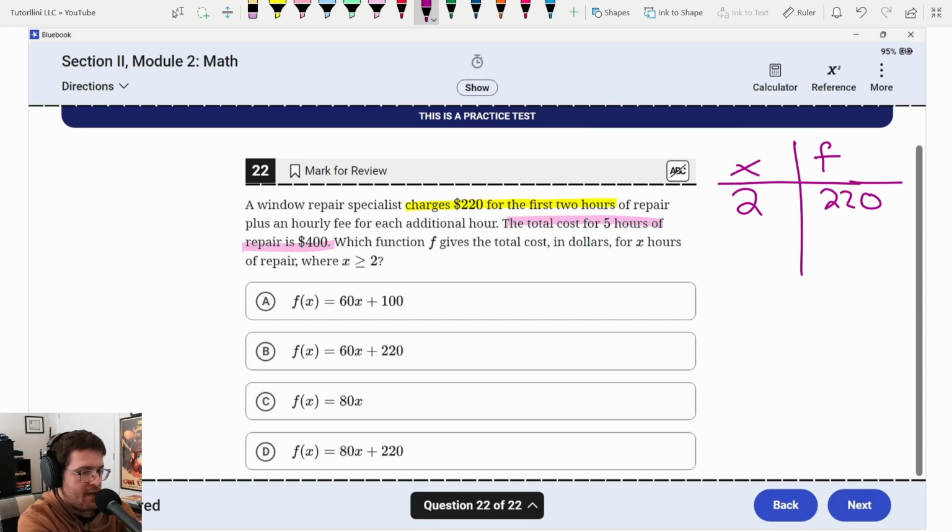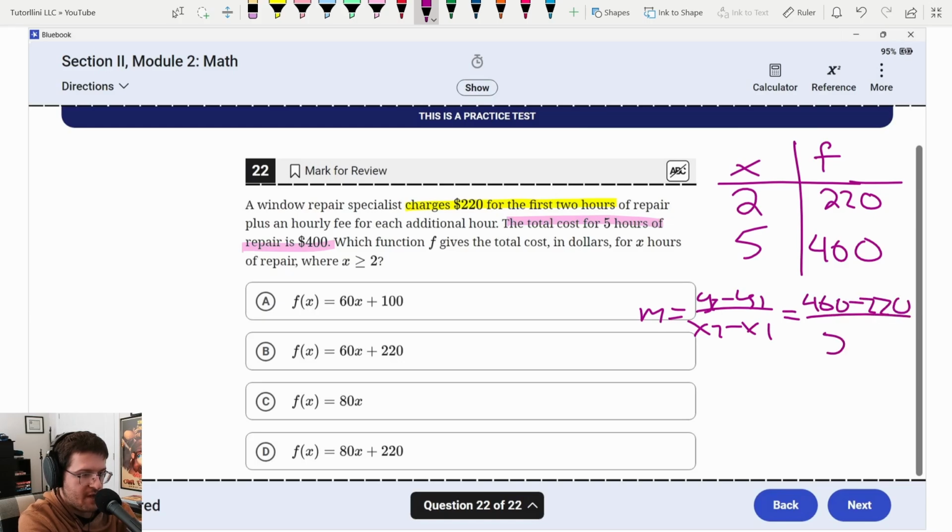For 5 hours, he charges a total of $400. So I could do the slope formula, y2 minus y1 over x2 minus x1, find the slope. So that's 400 minus 220 over 5 minus 2. So that's 180 over 3, which is 60.